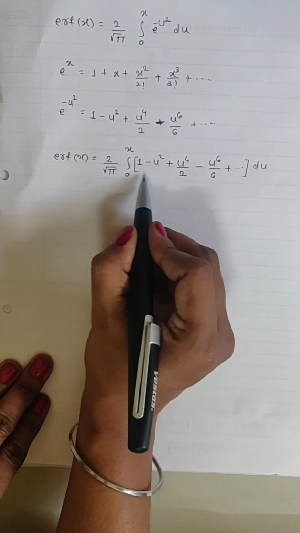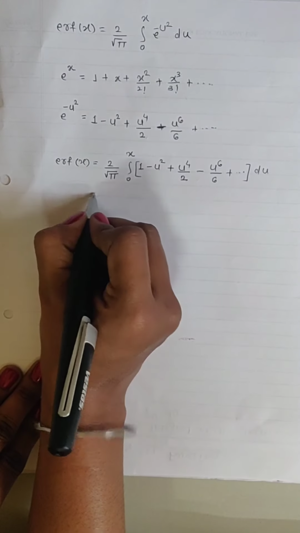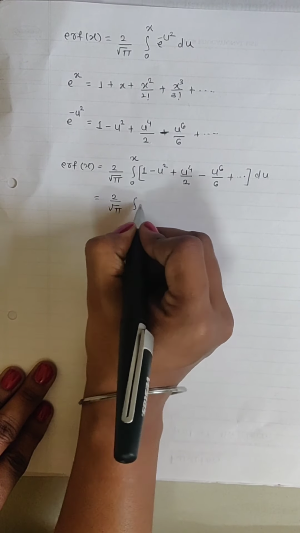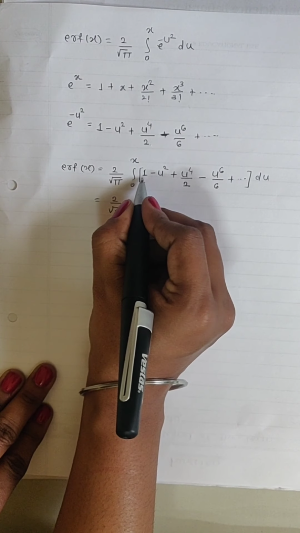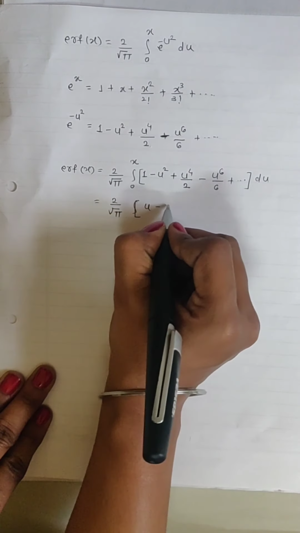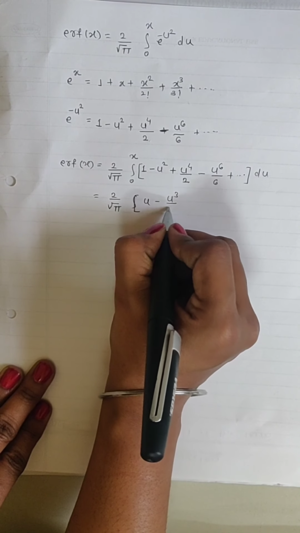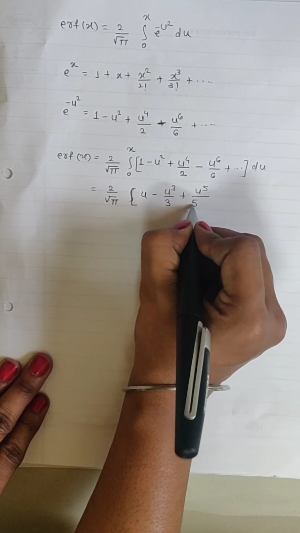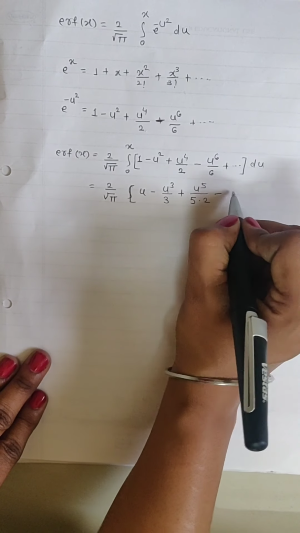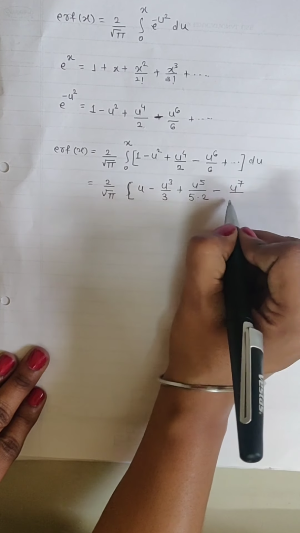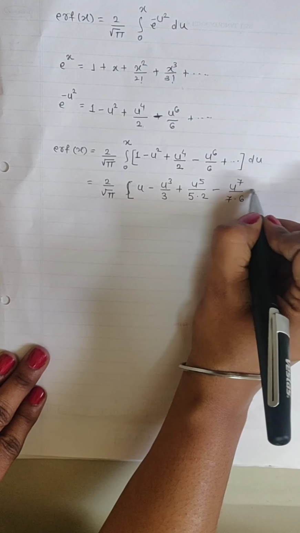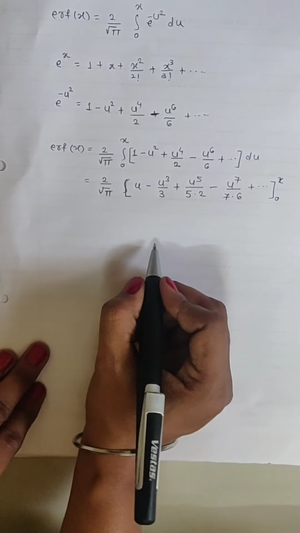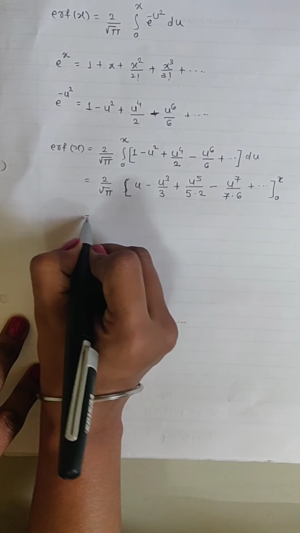Now integrate term by term with respect to u. We obtain 2 upon root pi times u minus u cube upon 3 plus u raised to 5 upon 5 into 2 minus u raised to 7 upon 7 into 6 and onwards. And now put the limits.